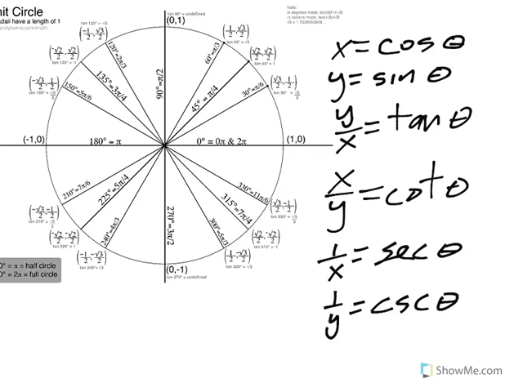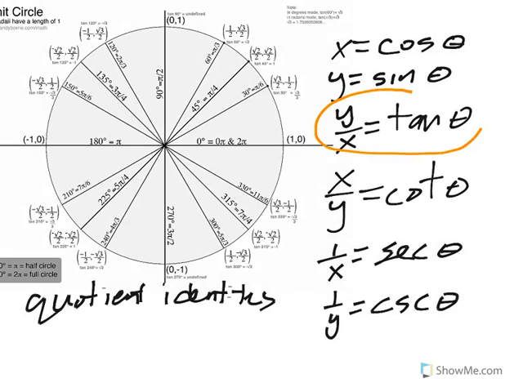So let me first mention that the way these are written, for example, tangent theta is y over x, these are often written a different way. There's something called the quotient identities. For example, tangent theta equals sine theta over cosine theta.